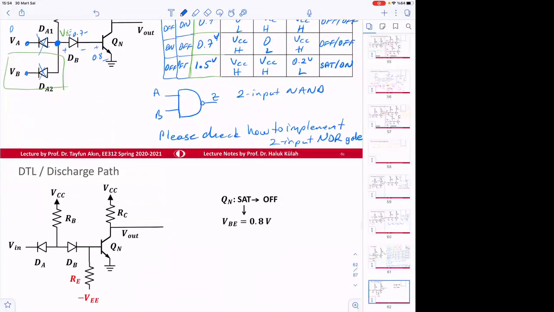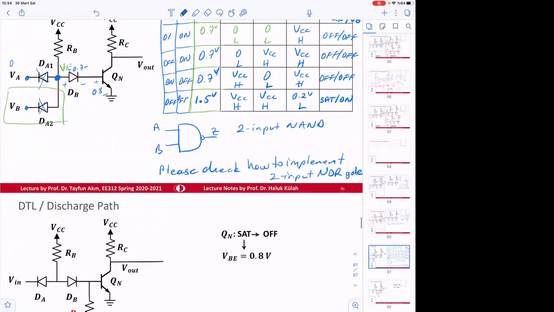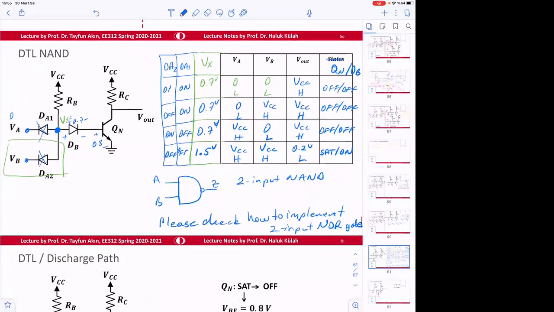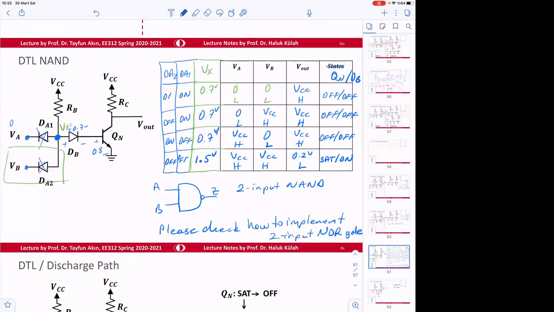So maybe there are some extra things here. We say that we can make an inverter or a NAND gate here, but there is a problem. We didn't talk about that problem up to now, so probably you are not aware of it. The problem is, once this transistor goes into saturation, and then we want to switch it back to off, it takes some time.